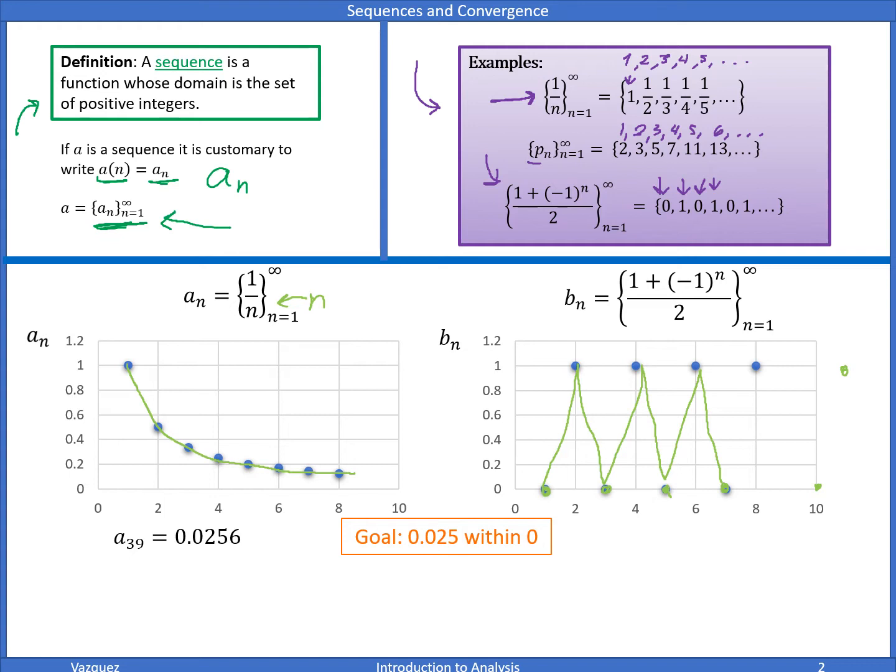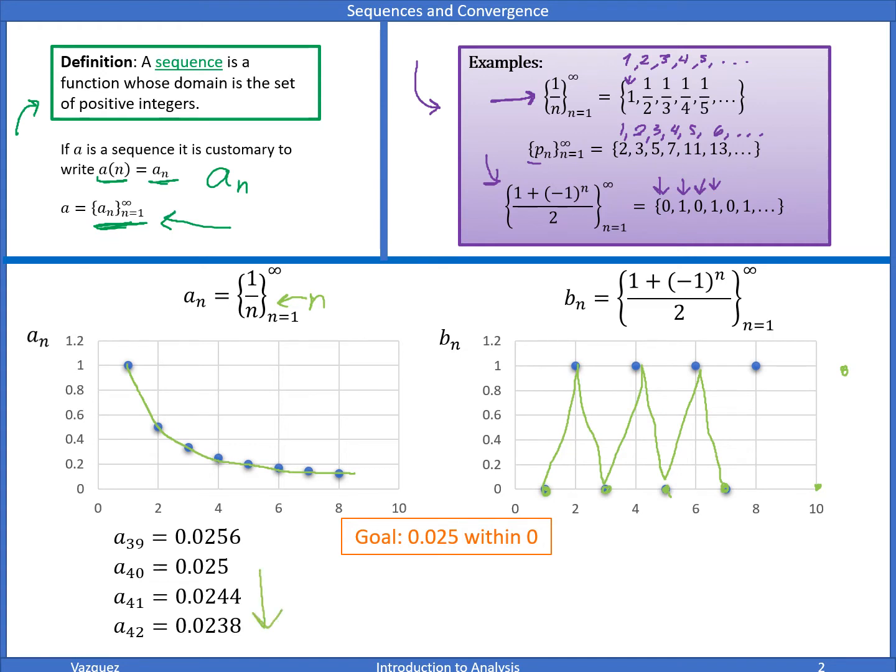It's 0.0256, so it's still not within our goal, but it's getting closer and closer to 0. After that, we have a sub 40, which is exactly at our goal. We're 0.025 within 0. And after that, every single point is within 0.025 of 0.